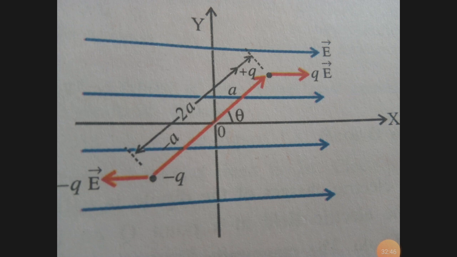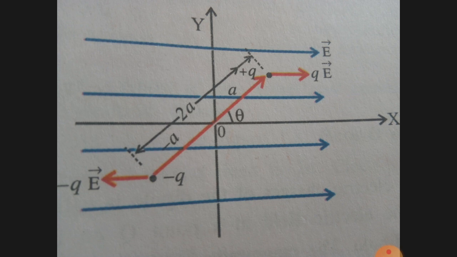As shown in this figure, a dipole is placed in a uniform electric field, and the electric field lines are shown in blue color.